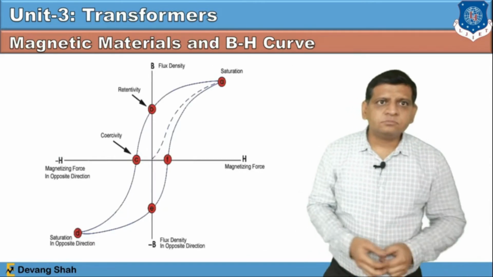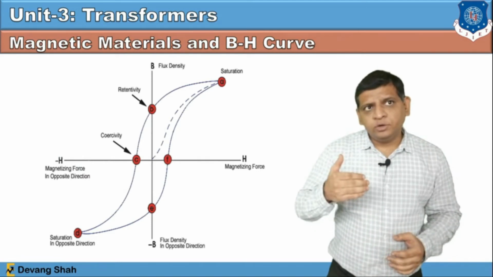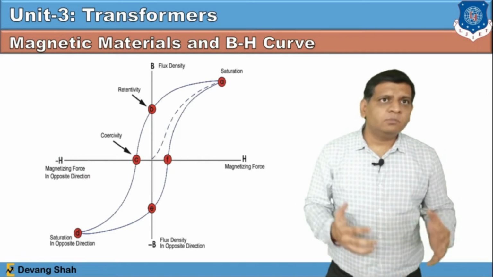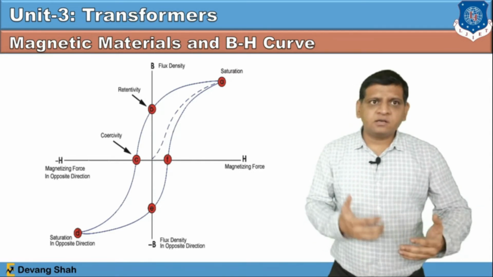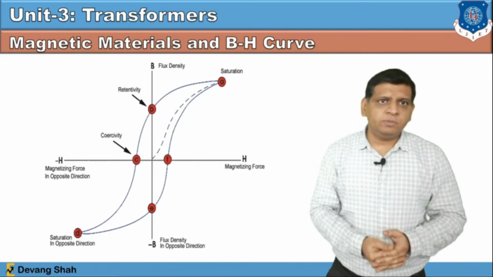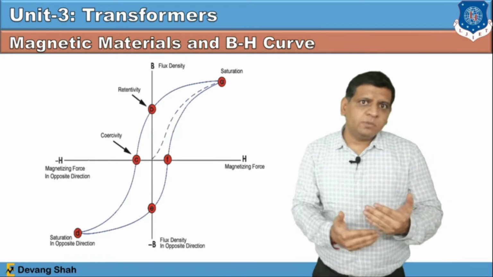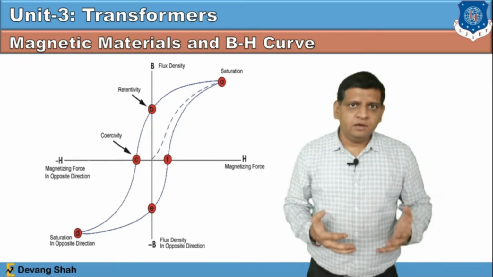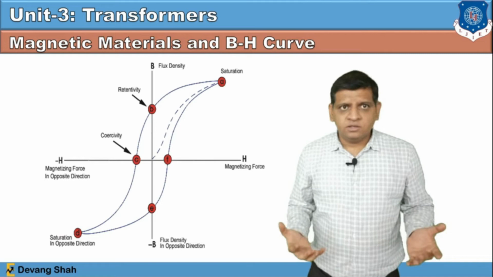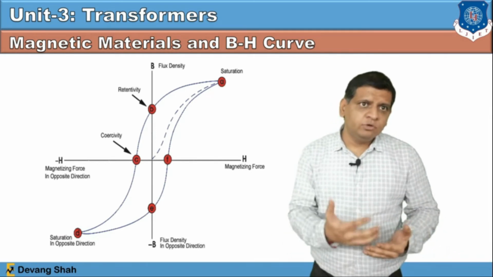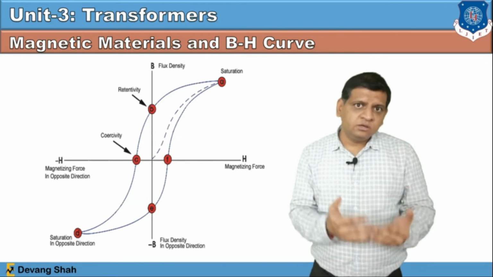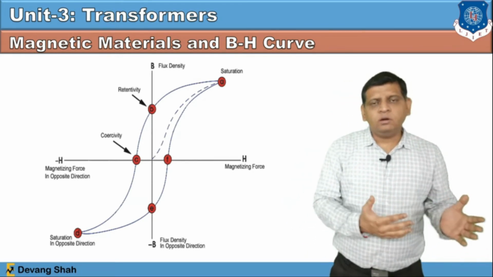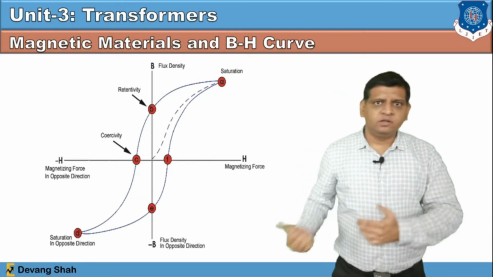In our unit 3 we learn about the transformer, which is made up of magnetic material and has the characteristics of the BH curve. Using those magnetic materials you can design more specific magnetic circuits, and that will give you the operation of a transformer, where your signal is transferred from one level of AC signal to another level of AC signal.